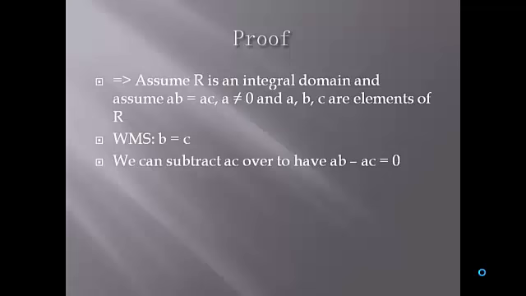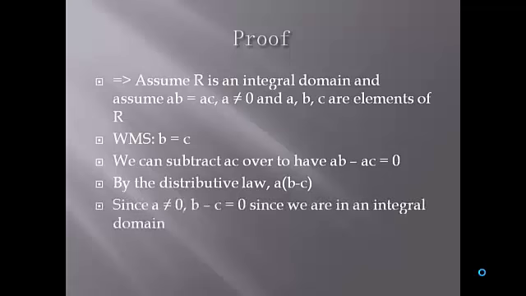We have the distributive law, which of course holds within a ring, and so we can rewrite this as A times the quantity B minus C. Since by assumption A does not equal 0, B minus C must equal 0 since we're in an integral domain and we have no zero divisors. So therefore B has to equal C.